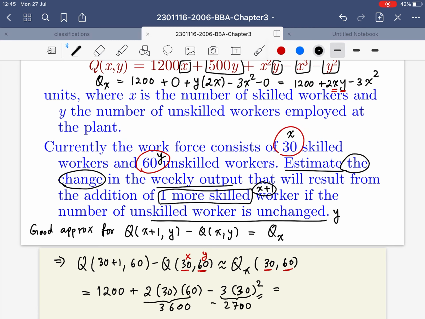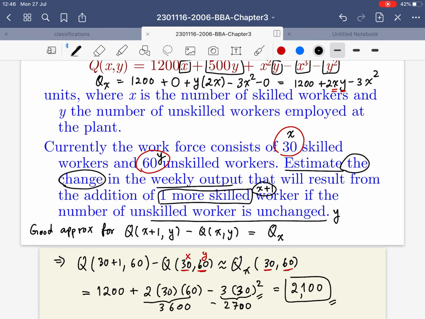So you got 900 and 1200, so you have 2100, I guess. You need to check my calculation always. I usually calculate a wrong number, but this one I guess is correct.